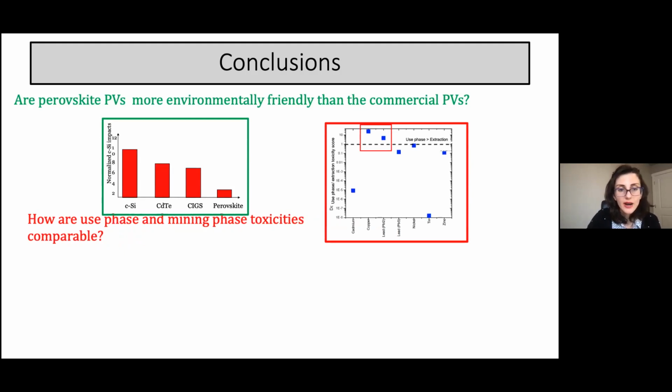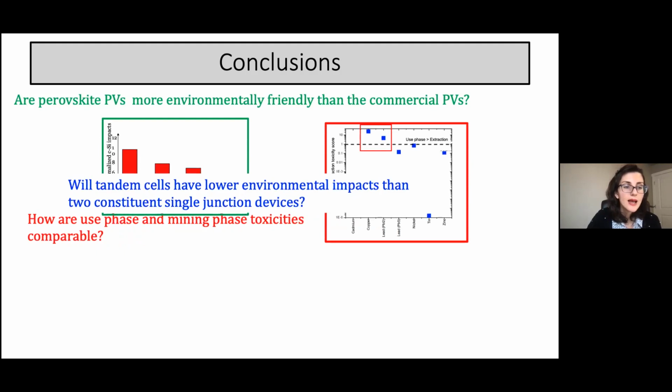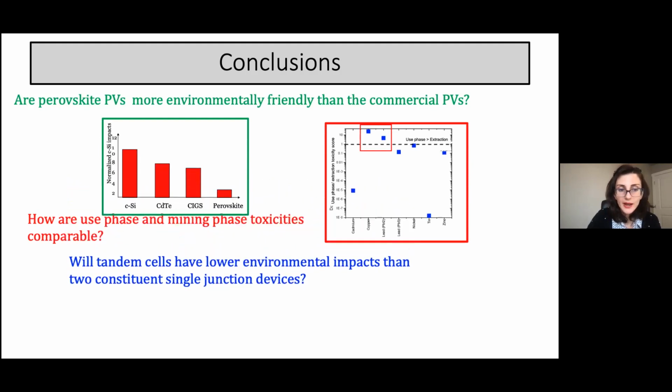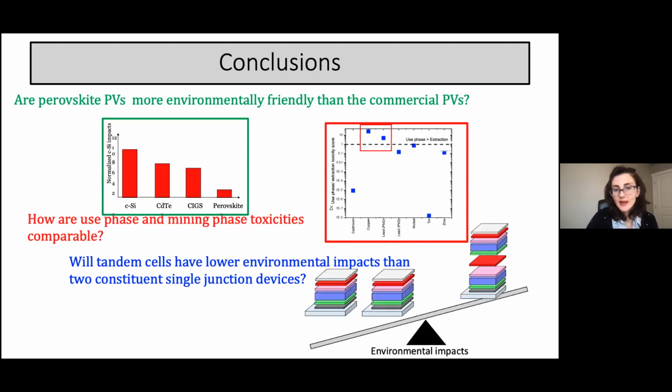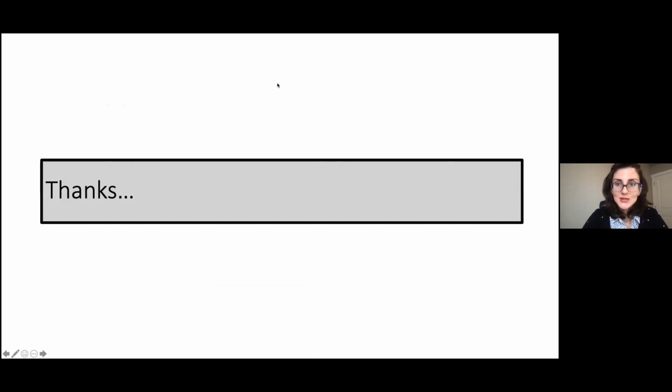We identified copper and lead could be some concerns, but not huge at all. And the other question was, will tandem cells have lower environmental impacts than 2 constituent single junction devices? And the answer was, again, having tandem structures would be a lot beneficial compared to single constituent PVs. So with that, I can finalize my presentation.